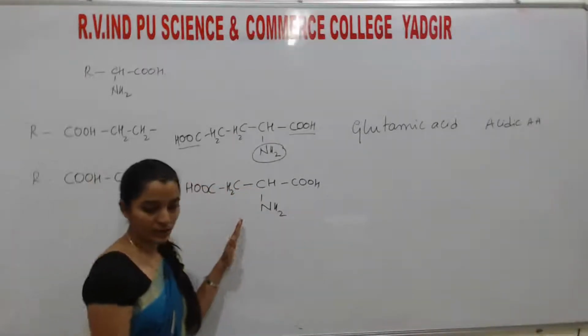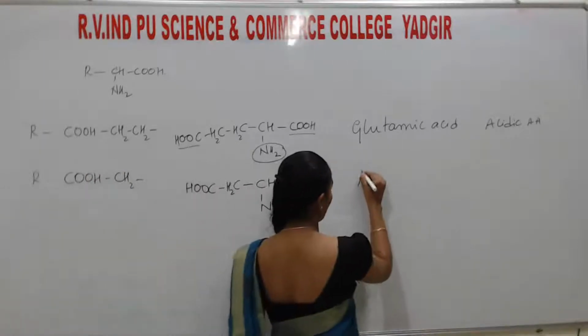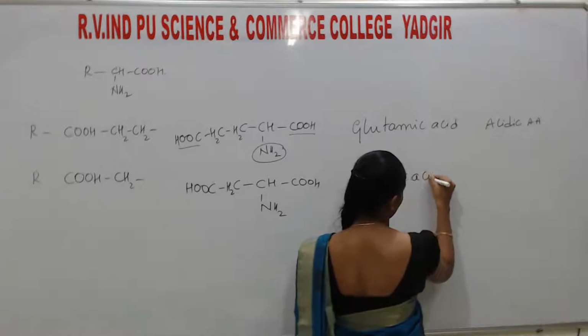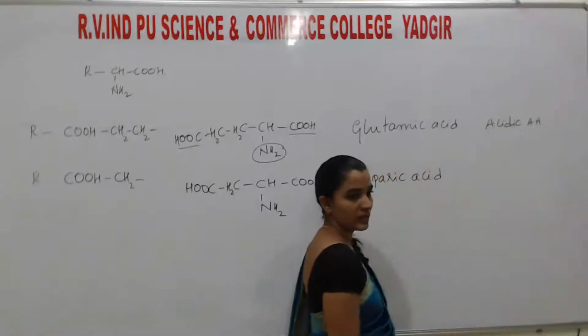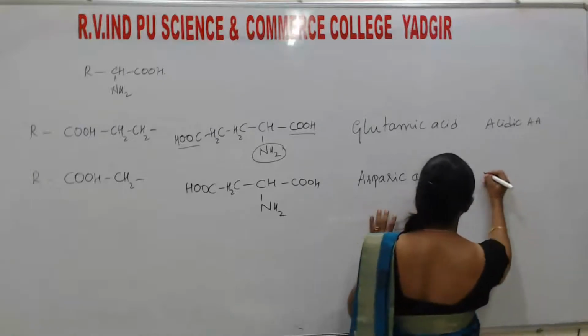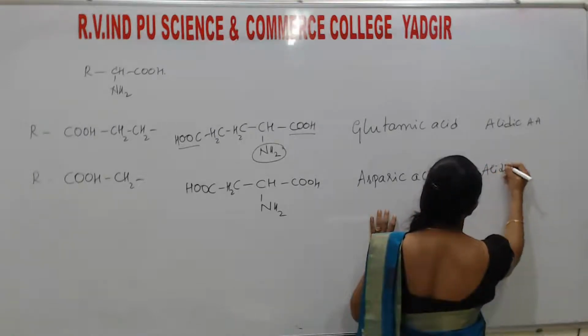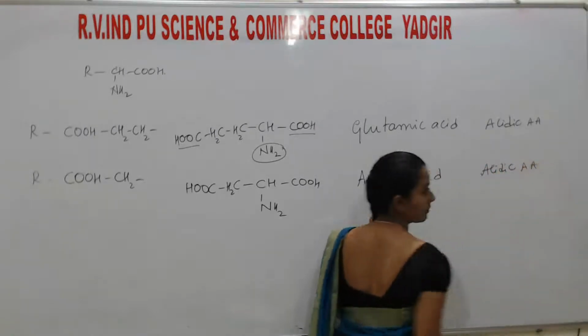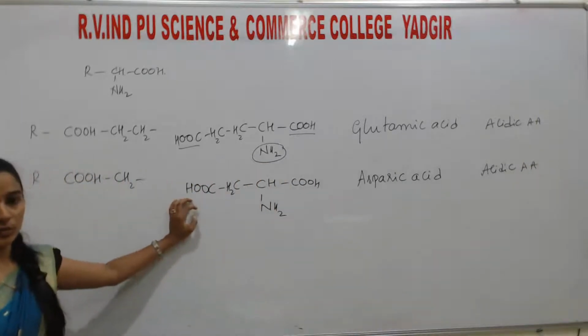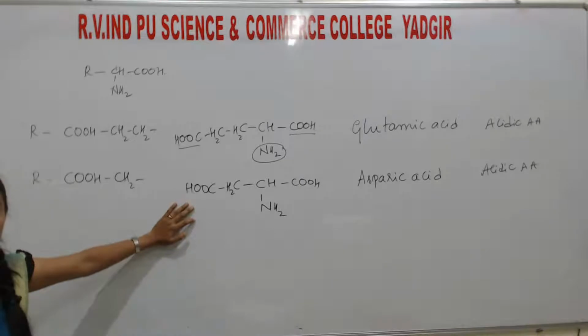So this one is aspartic acid. That means this is also an acidic amino acid. Why? Because here the number of COOH groups is more than the amino groups.